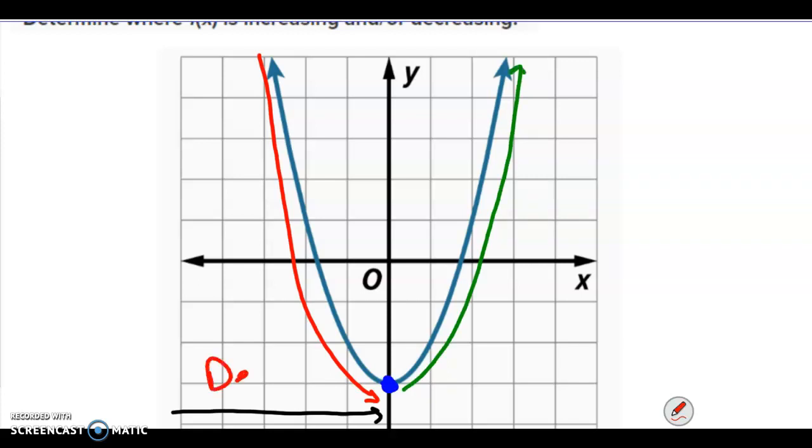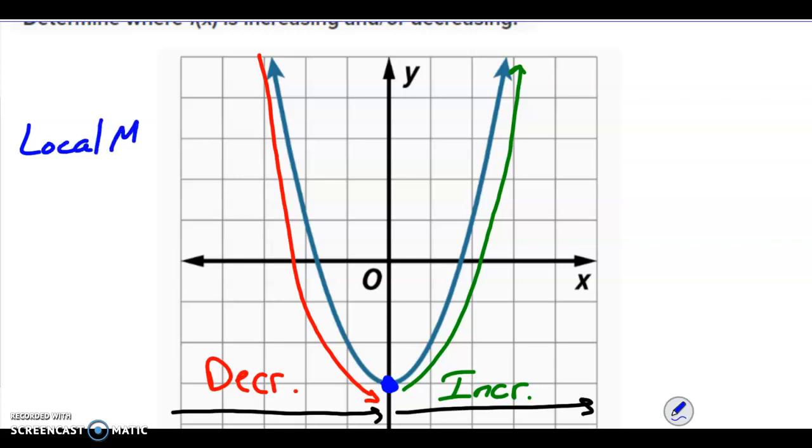So we're decreasing over here, and then we're increasing for the rest of it once we hit that local minimum. That blue point is going to be your local minimum or your relative minimum. Since it's the minimum of the entire graph, this would actually be referred to as your absolute minimum.